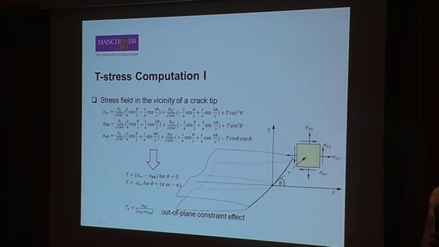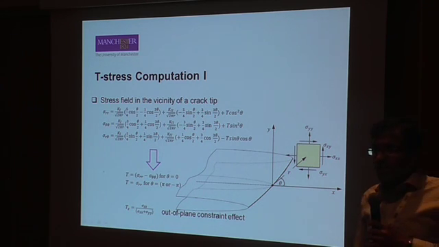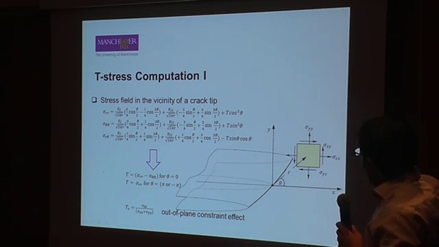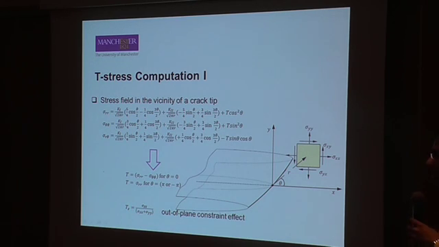I present two ways for computation of these two parameters, which I have programmed. The first approach is based on the stress field. If we look at the Williams expansion and the stress tensor in the vicinity of the crack, we see that the non-singular term is the T stress.